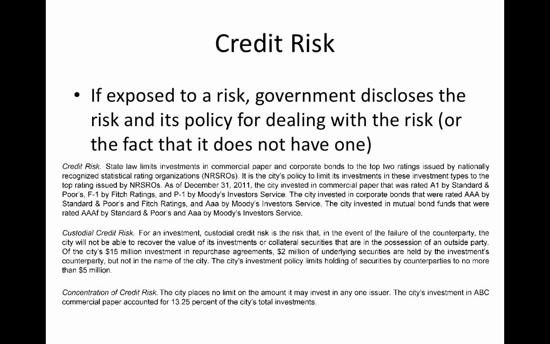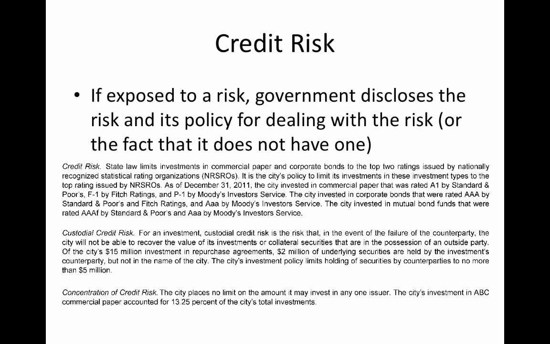You can see that this government has a policy for dealing with custodial credit risk that limits how much it can be holding to no more than 5 million. And then, this is custodial credit risk. I continue to keep confusing those two, and I'm sorry about that.